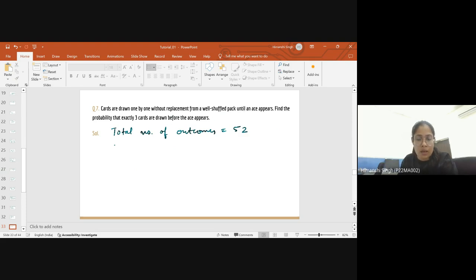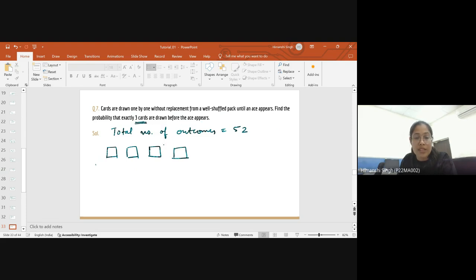It is asking to find the probability that exactly 3 cards are drawn before the ace appears.